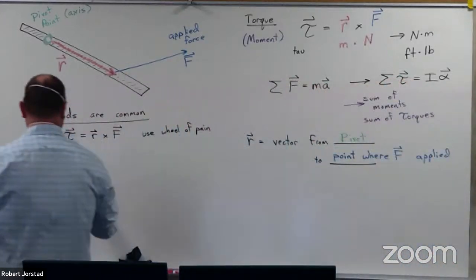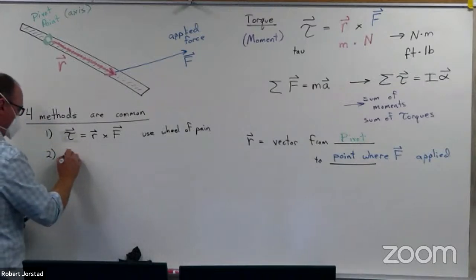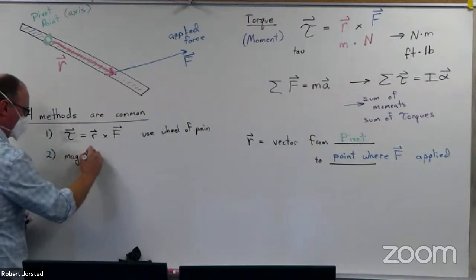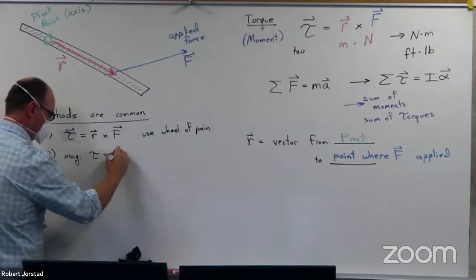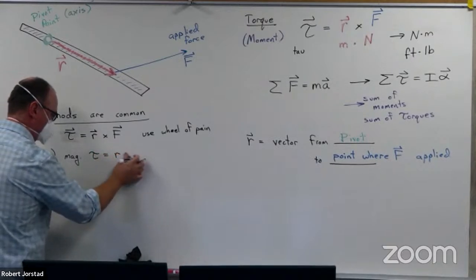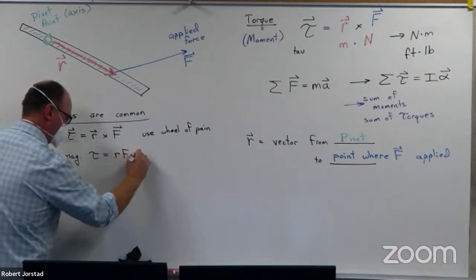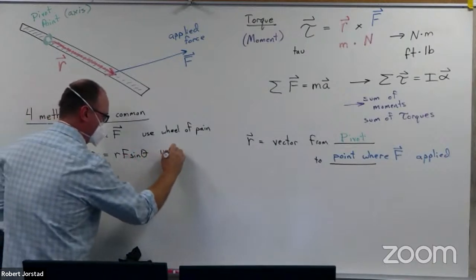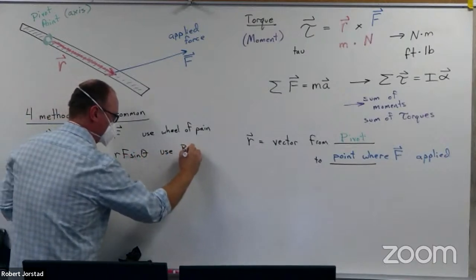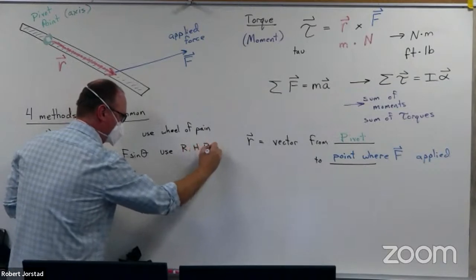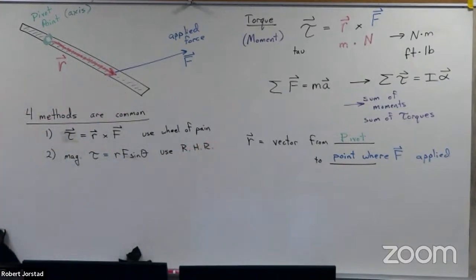We could get the magnitude and use a right hand rule. Remember that? So I could say, line my fingers up with the first term.